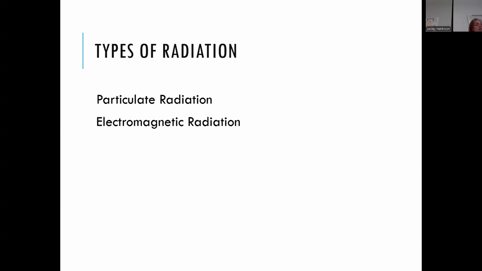Okay, so we're going to go on. This is a pretty easy concept. I don't go deep into particulate radiation at all. We don't need to know about it, other than the difference between particulate radiation and electromagnetic radiation. Electromagnetic radiation is pretty much the radiation that we just swim in. We just live in it. If we could see it, it's everywhere.